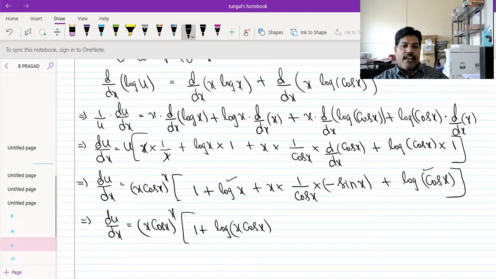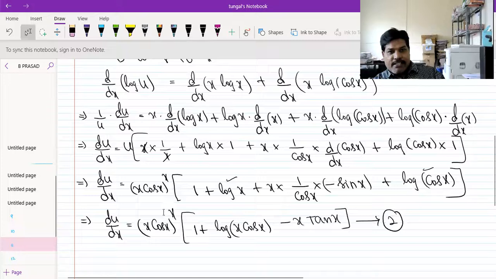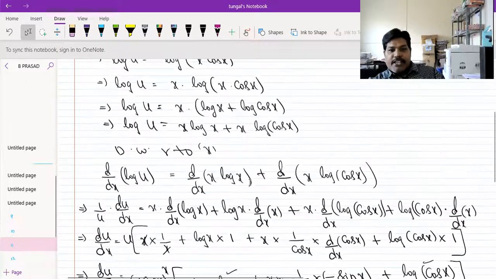So minus is there, and x is there, so it will become minus x tan x. So this function is the du by dx value. So (x cos x) whole power x into 1 plus log of x cos x minus x tan x. That is the du by dx value.